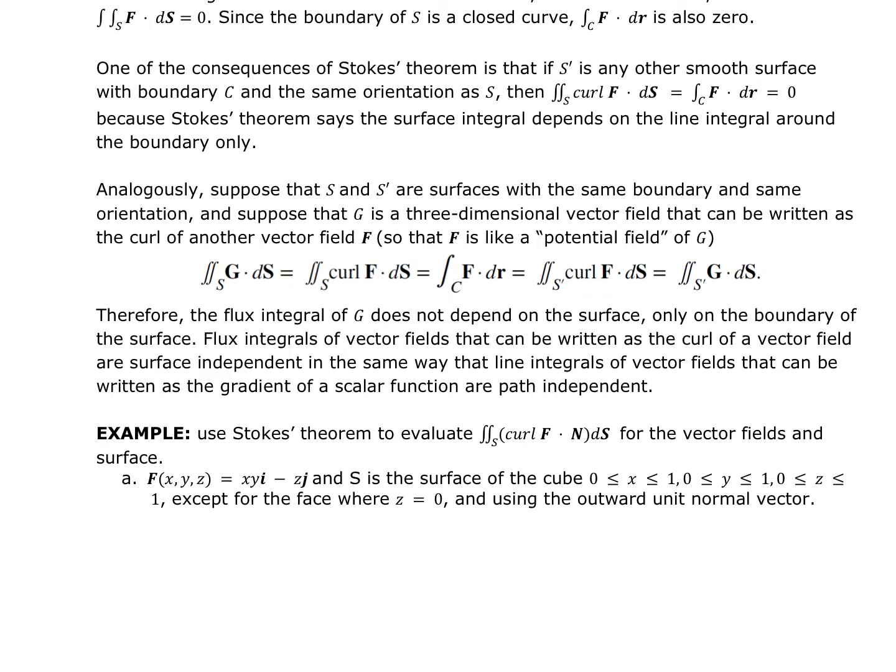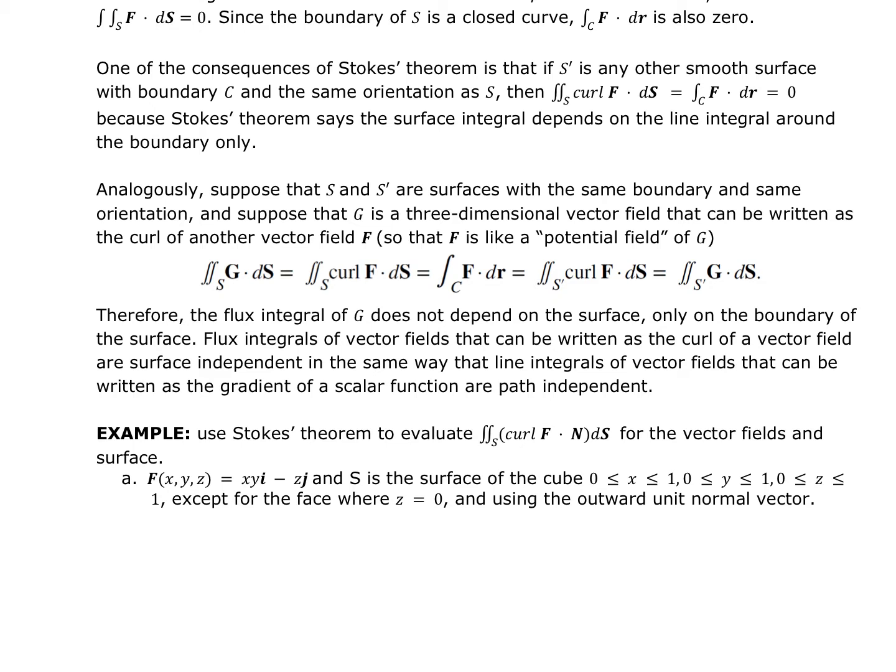Suppose that G is a three-dimensional vector field that can be written as the curl of another vector field F, so that F is the potential field of G. Then the double integral over the surface S of G dotted with dS is equal to the double integral of the curl of F dotted with dS, which is equal to the line integral over the curve of F dotted with dr. Therefore, the flux integral of G does not depend on the surface, only the boundary of the surface.